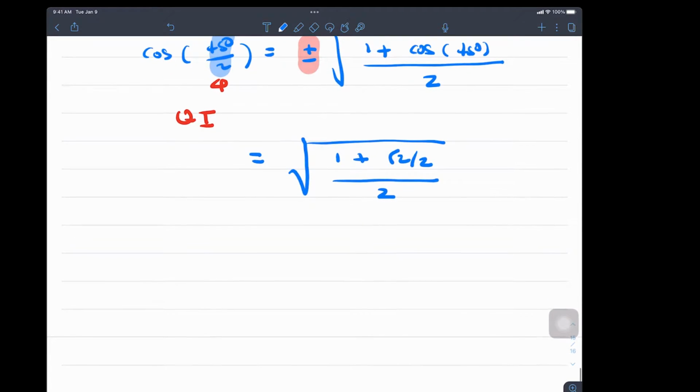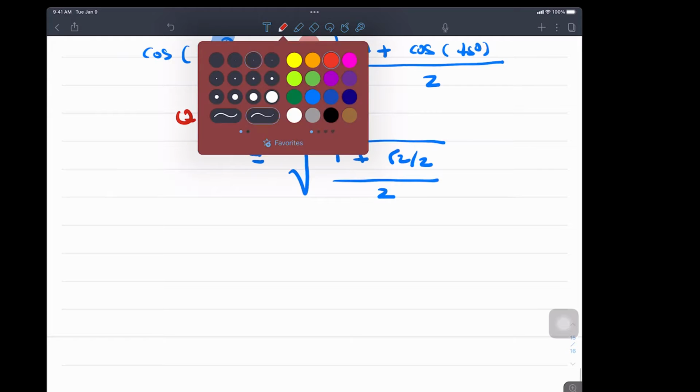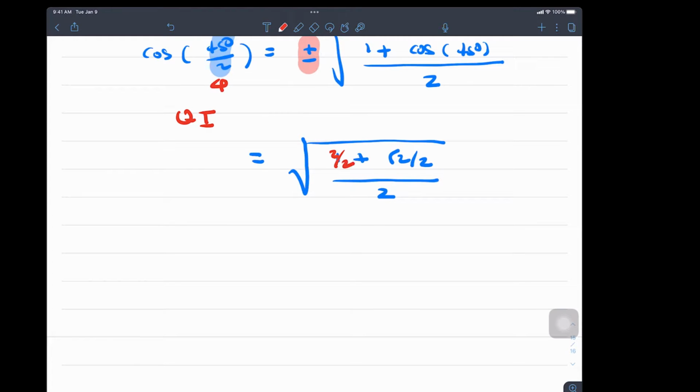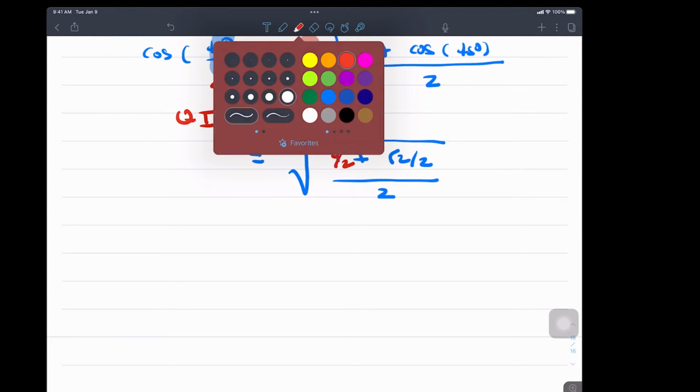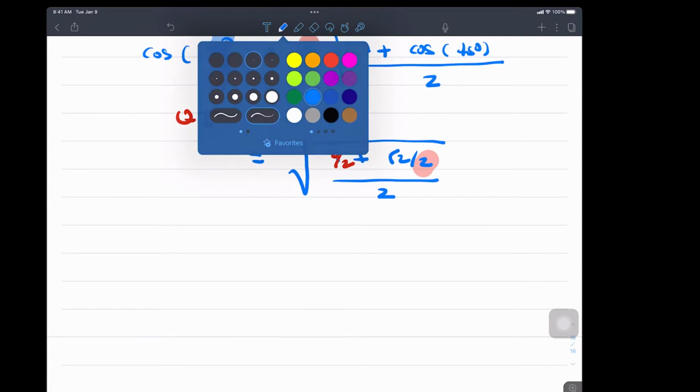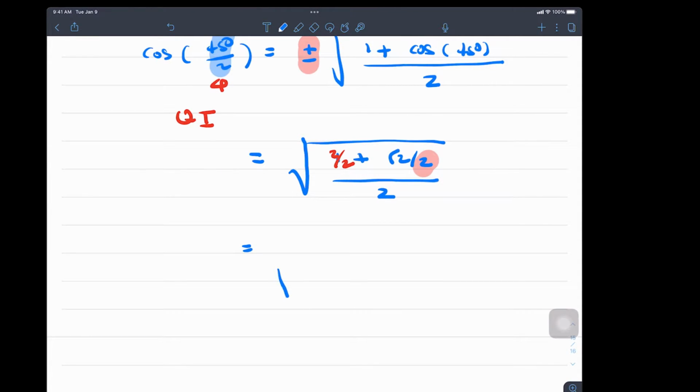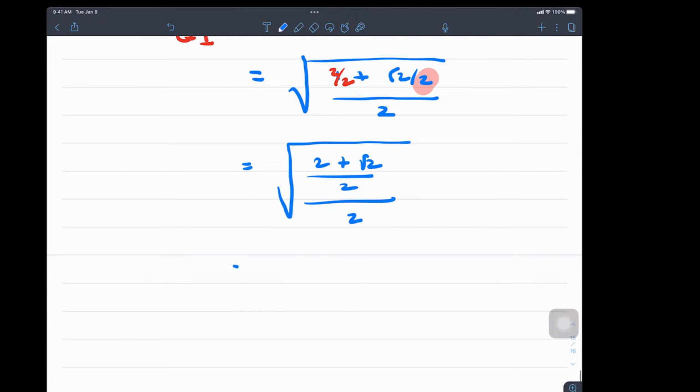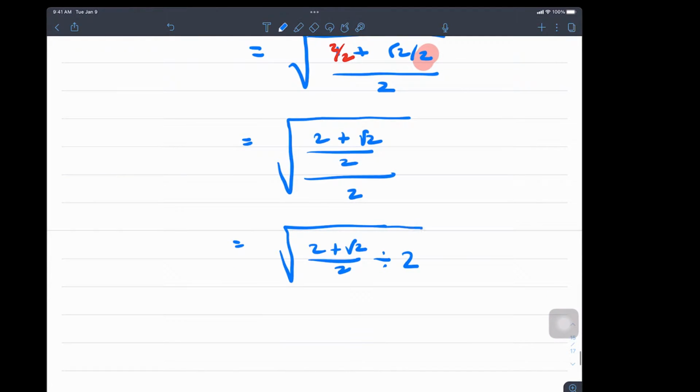And then here, you say, well, how do I actually add? Well, replace 1 with 2 over 2. So what do you have now, ladies and gentlemen? Square root of 2 plus square root of 2 over 2, divided by 2, right? Which will be 2 plus square root of 2 divided by 2. That's all under the radical.